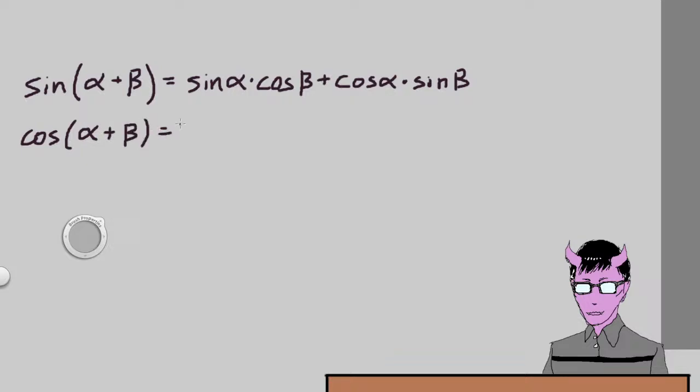When you expand this out, it's going to be cosine of term number 1 of the argument, from left to right of course, times cosine term number 2 of the argument. And here's the goofy part, it's going to be minus. This seems to be a recurring motif when you're working with trig properties, unfortunately. And then sine alpha times sine beta.